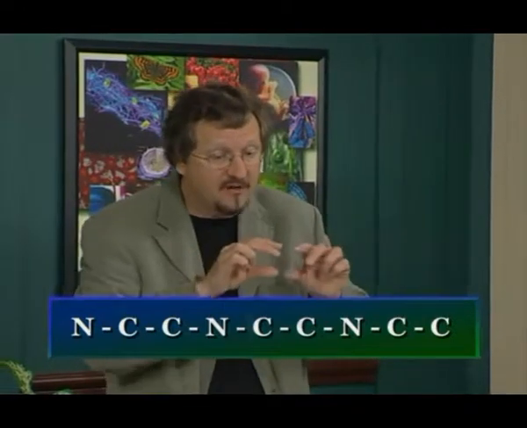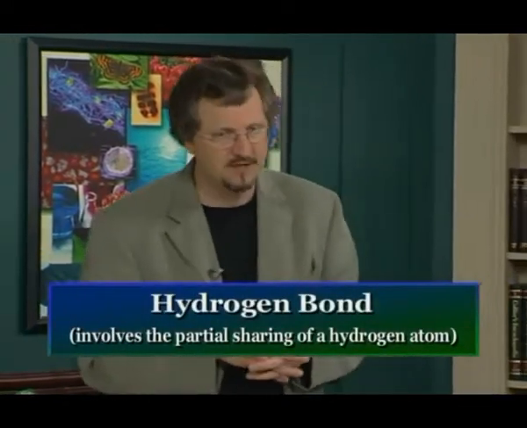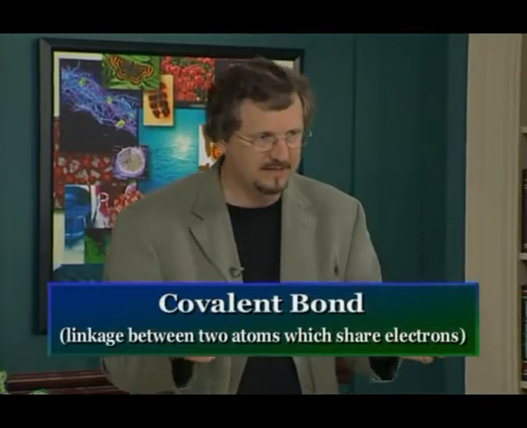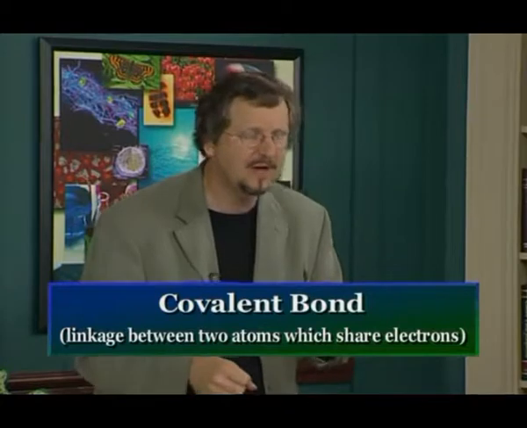And those nitrogens and carbons, the regular invariable part of the amino acid, can form weak molecular interactions with each other that we call hydrogen bonds. Now, I've already defined for you a covalent bond, which is a very, very strong chemical bond that once built is hard to break. Hydrogen bonds, by contrast, are very weak chemical bonds.